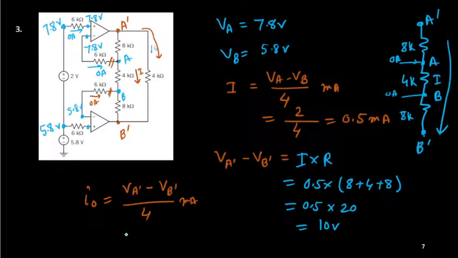So now easily we can find out I naught. This gap is 10, and this is your 4, so 10 by 4 equals 2.5 milliampere. Is it correct?